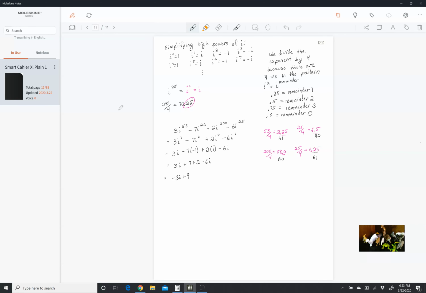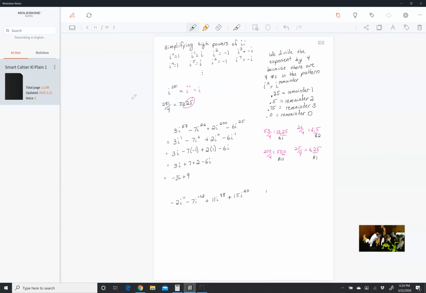So let's say that we have negative 2i to the 11th minus 7i to the 103rd plus 11i to the 98th, and let's do plus 15i to the 20th.